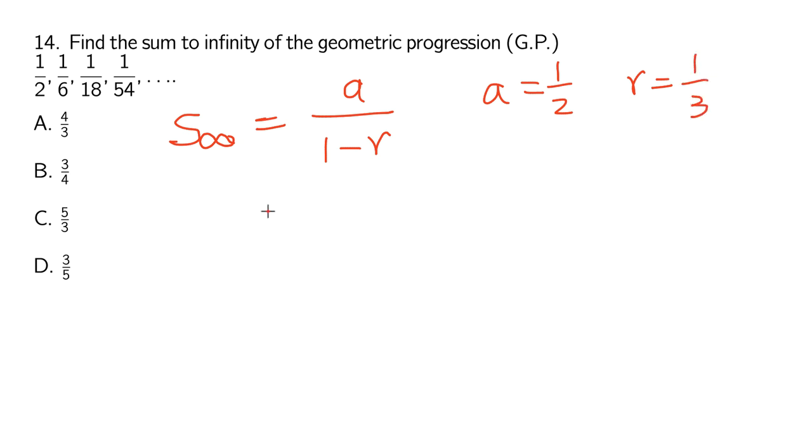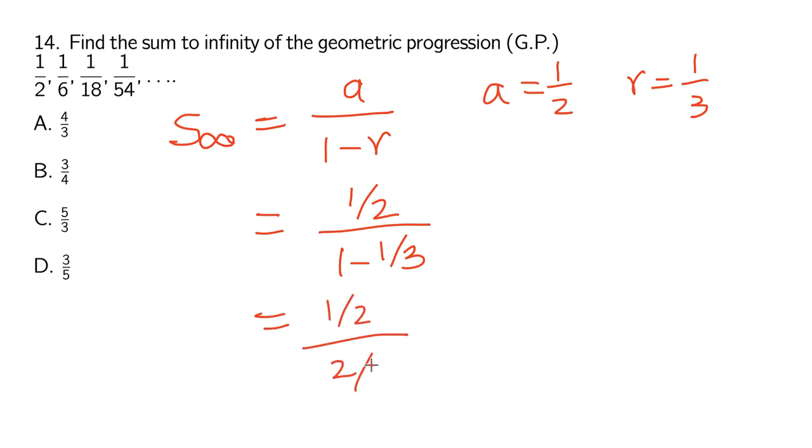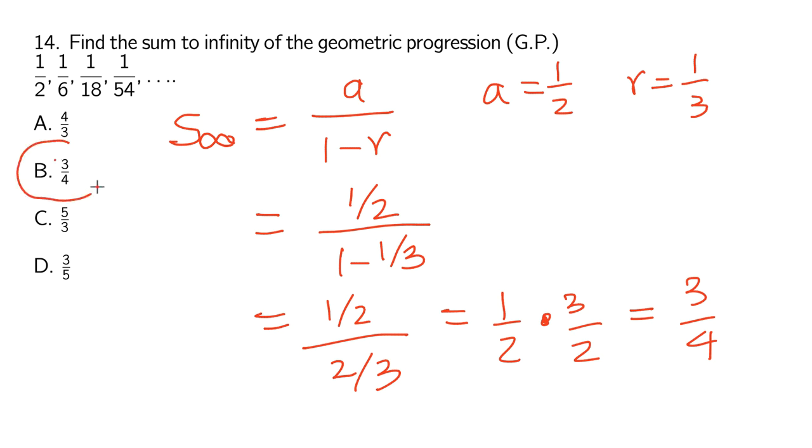So substituting those values here, we get half over 1 minus 1/3, which is equal to half over 2/3. And what is half over 2/3? Half over 2/3 is the same as half times 3 over 2, which is 3 over 4. So our answer is B.